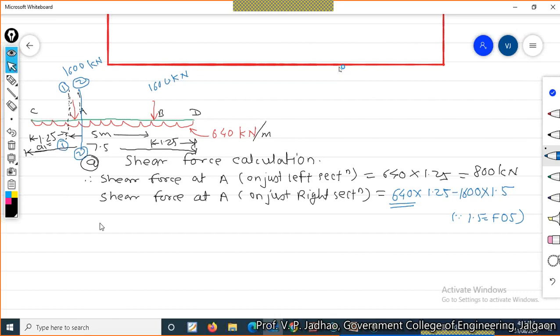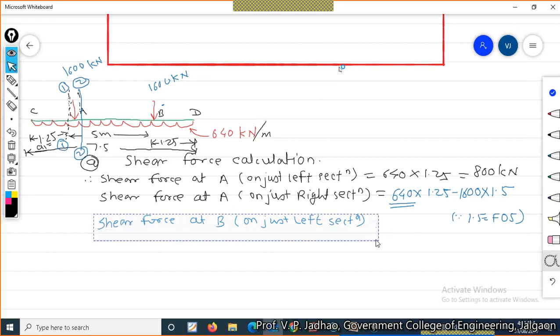Now, next step is we have to calculate the shear force at this particular location B. Let us consider the section on just the left hand side.